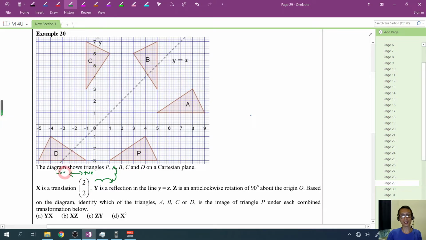If it is negative, go to your left-hand side. The number underneath tells you to move your object up or down. If it is a positive number, go up. If it is a negative number, go down. Both of them are positive, so we are going to move the object 2 units to your right and 2 units up.